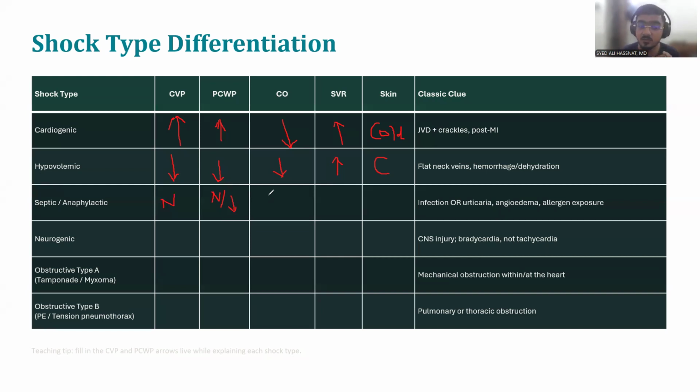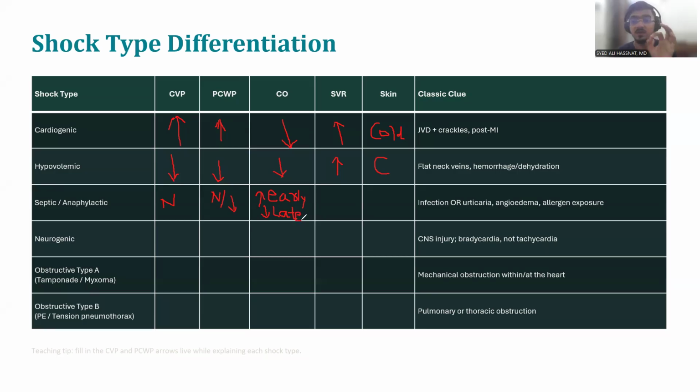What happens to the cardiac output? I said that it gets increased early on, and in the later stage it gets decreased, because the heart can only increase the cardiac output shortly, and later on the heart gets fatigued and cardiac output finally decreases, because it's a normal physiological action.